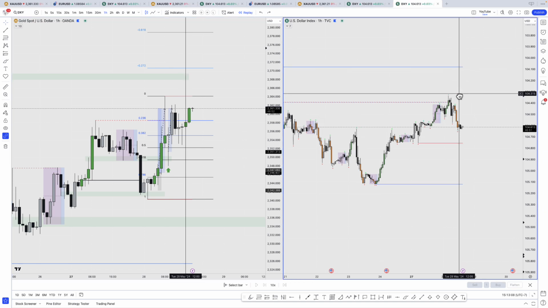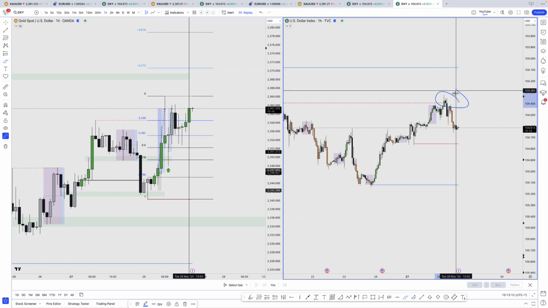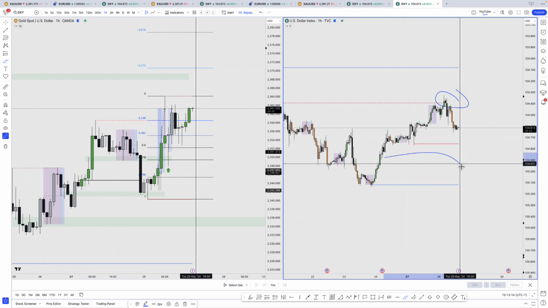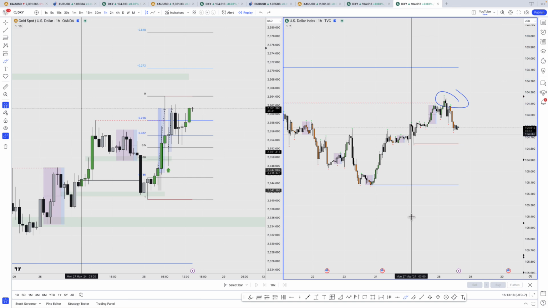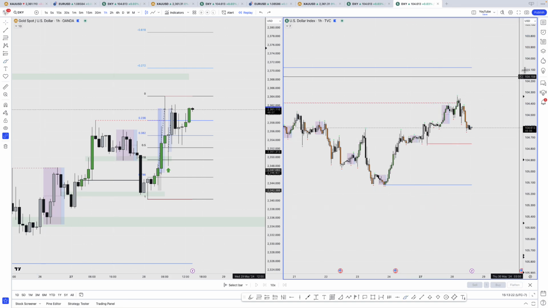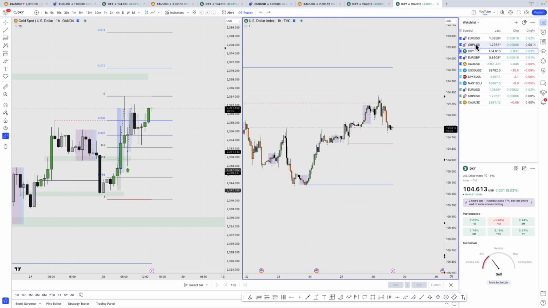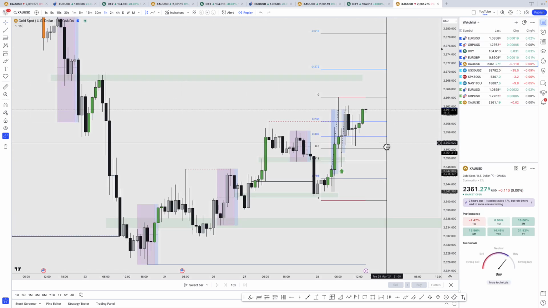Also, DXY took out a major daily liquidity for me, so my expectation is DXY will seek something out here to continue. So just with these things in mind and me seeing this pattern play out in the past, I choose to just take the profits.